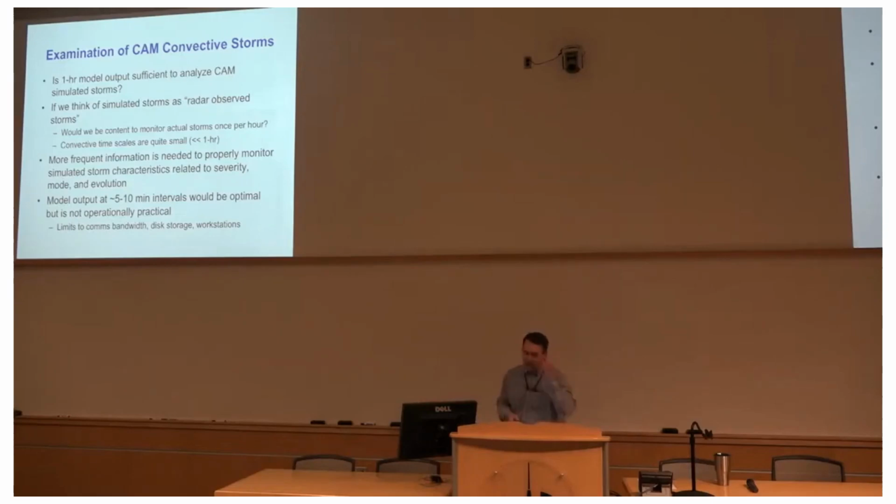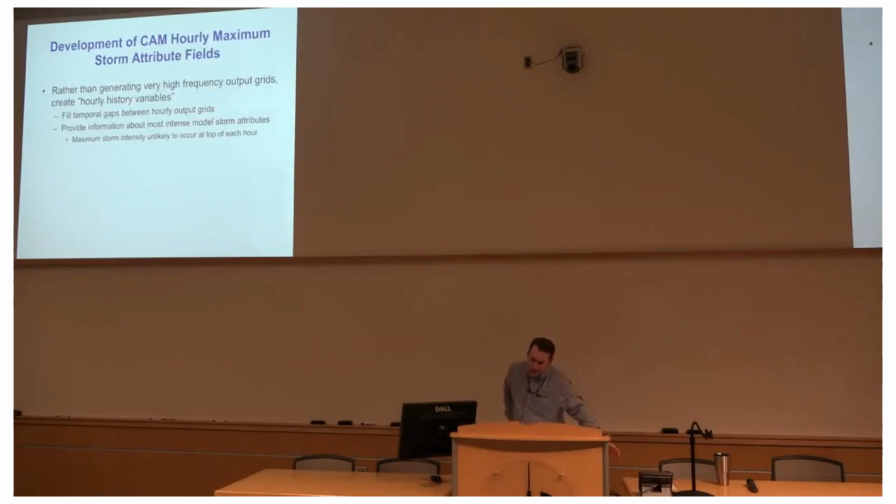So I think a pretty good way to do it is what we term the hourly maximum field. So we basically keep a history of every model time step of certain variables we want to keep. It could be 2-meter temperature and dew point if you wanted max temperature or something, but that doesn't evolve as rapidly as things like the storm evolution.